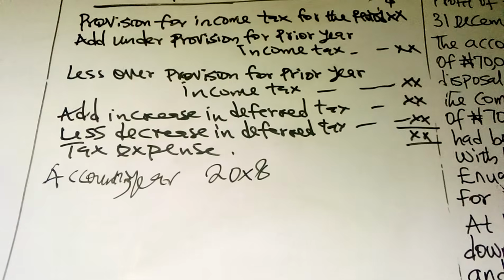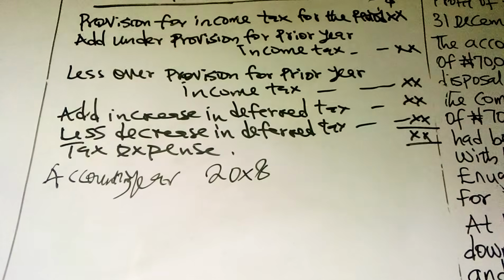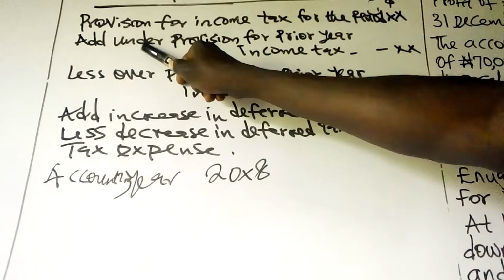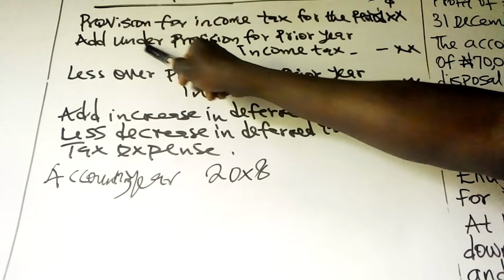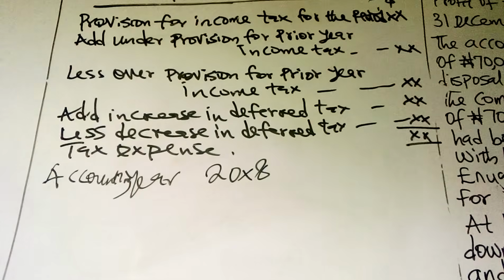But where the provision you have made in the account is less than the actual amount the tax authority agreed upon, that means the provision you have made is under. That is under provision. Please take note of that.